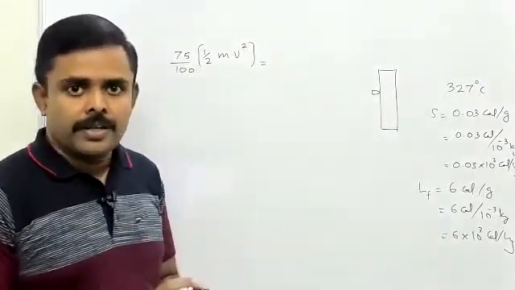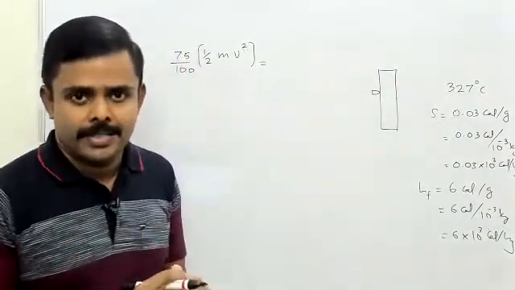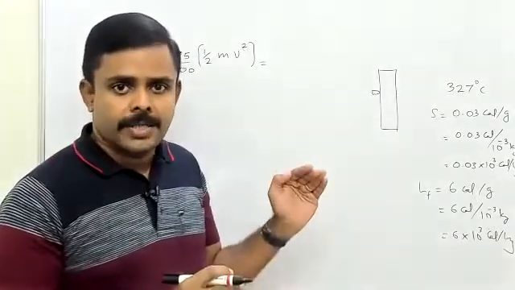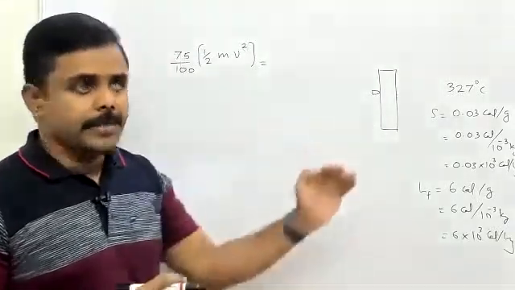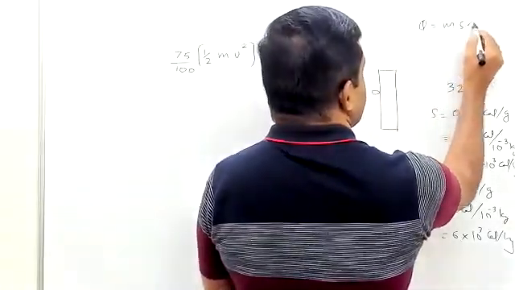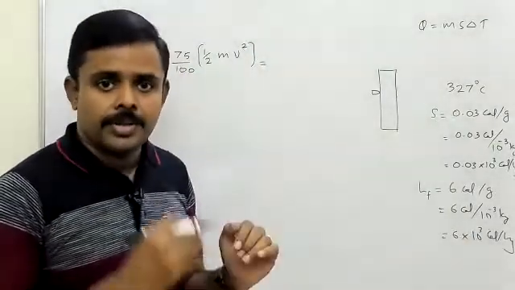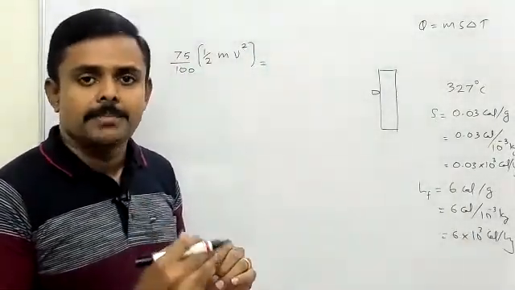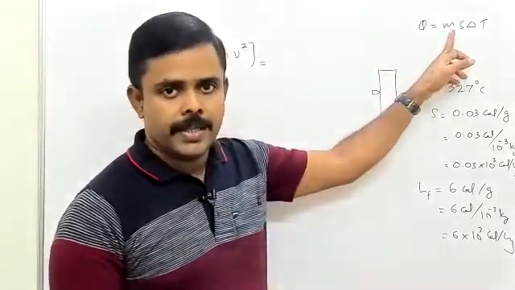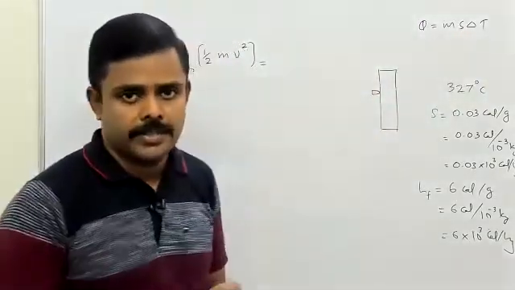First of all, the bullet has to be taken to melting point. Then only it can be melted. So the heat required to raise the temperature to the melting point is given by Q is equal to m s delta T. This is the heat to be supplied to raise the temperature of a body by delta T degrees Celsius. m is the mass of the body, s is specific heat capacity, delta T is change in temperature.